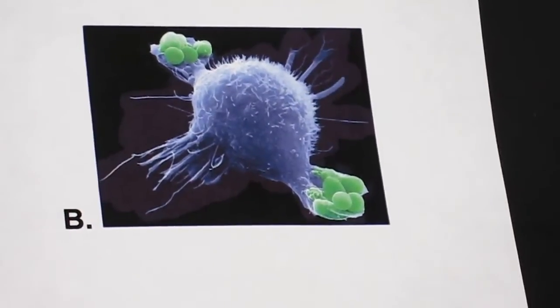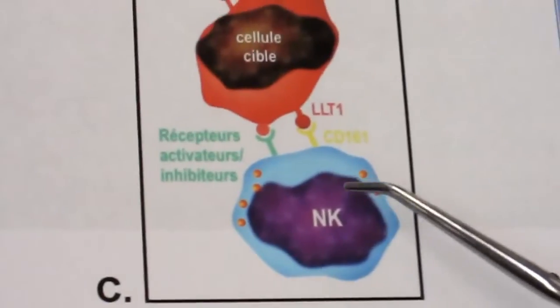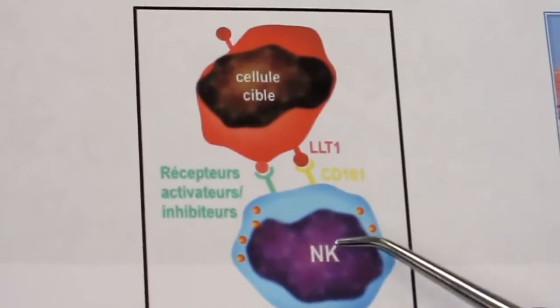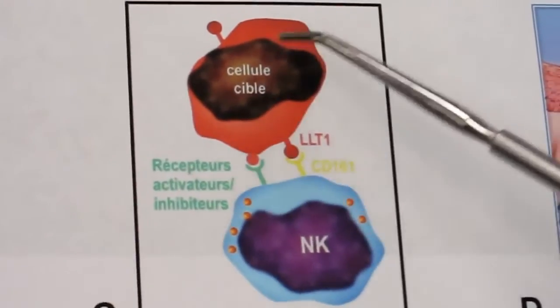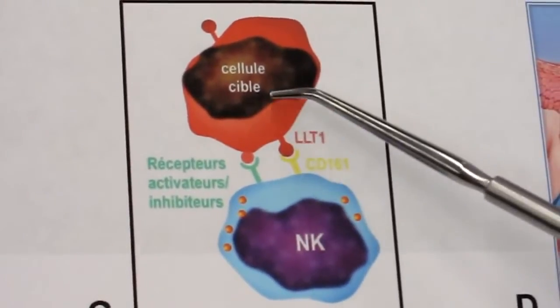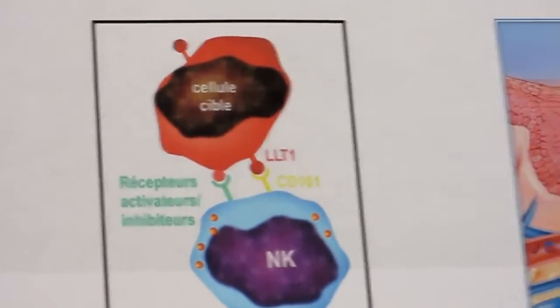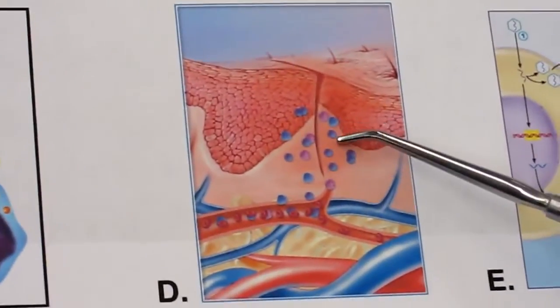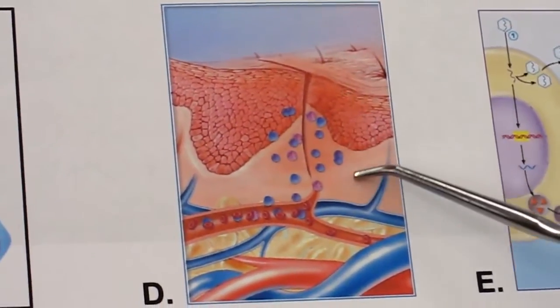Okay, we also have NK cells. Okay, and NK cells are non-specific defensive cells that move through the body, taking care of abnormal cells that they encounter.